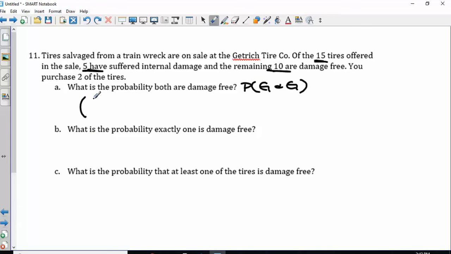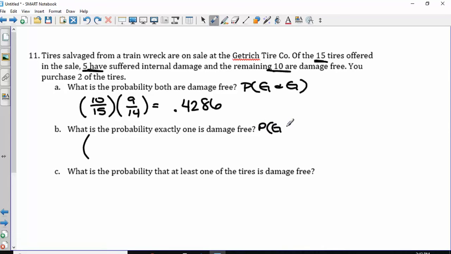What's the probability that the first tire is good? If you've already taken one good tire, what's the probability the second one is good? We multiply and we get 0.4286.